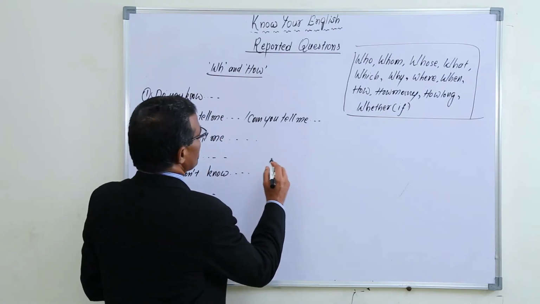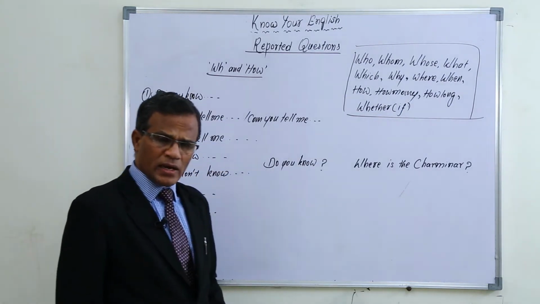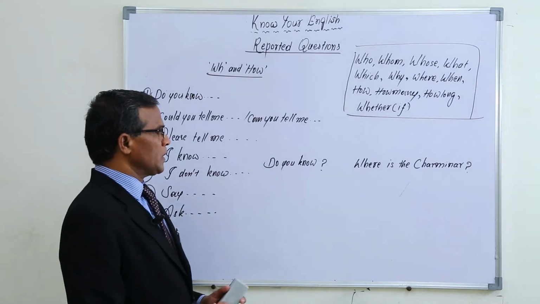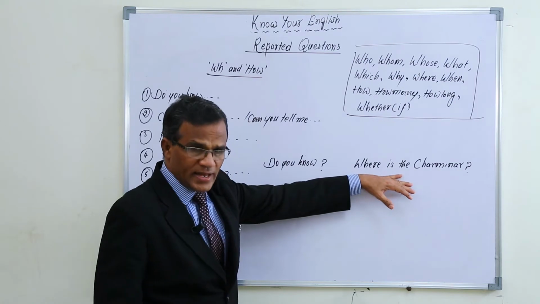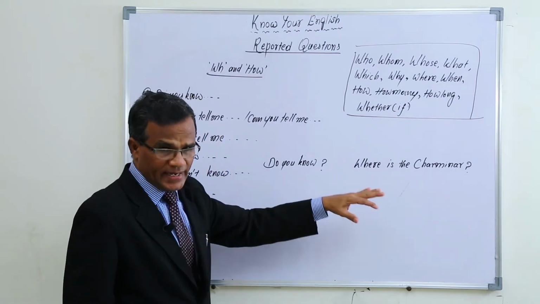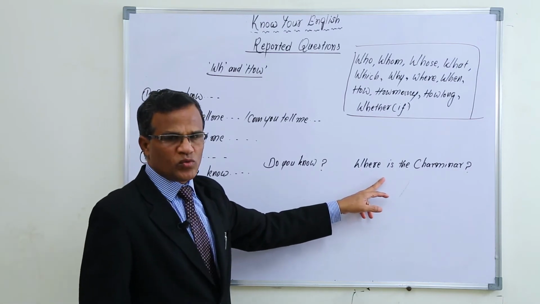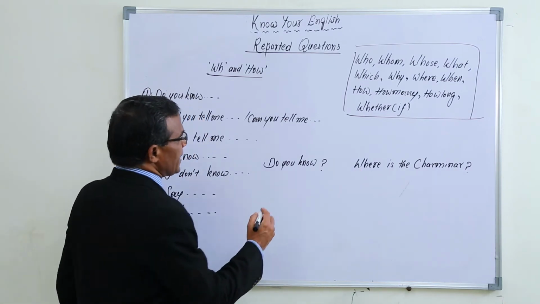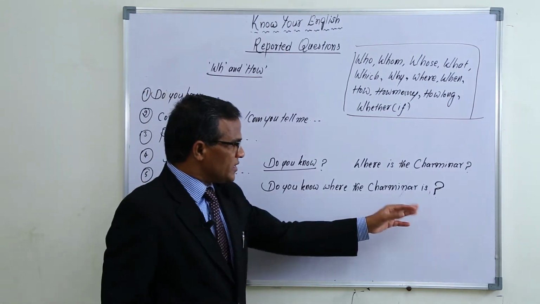"Do you know" is one question. "Where is the Charminar?" is another question. If I want to make this question a part of the whole sentence, joining it with this, then it becomes a reported question. In what way can you combine these two sentences? "Do you know where the Charminar is?"